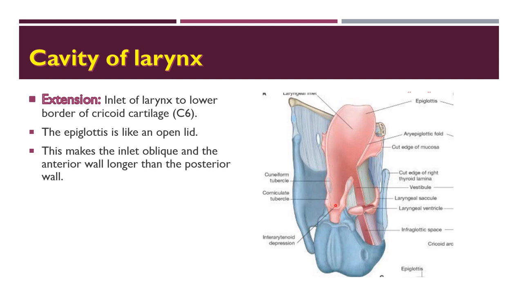Now this cavity of the larynx is guarded by the inlet of the larynx. It is through this that the air has to enter, and the inlet has one more function. It is to prevent mainly any foreign particles from entering into the respiratory passage.